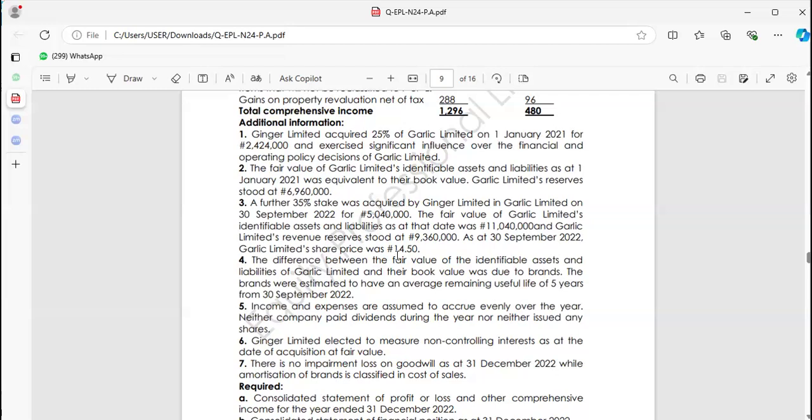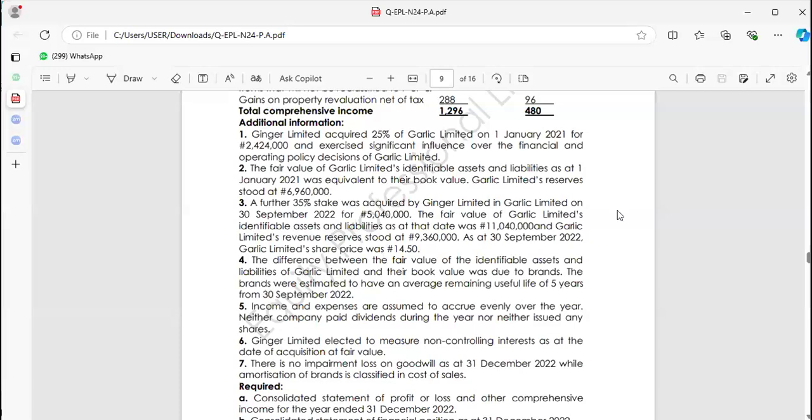Chicha Limited elected to measure non-controlling interest at acquisition at fair value. Good. So I can determine the fair value of the previous investment because you have given me the market price.